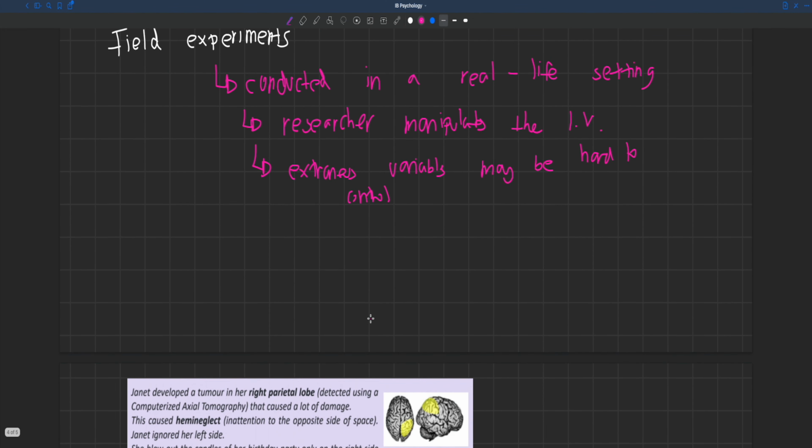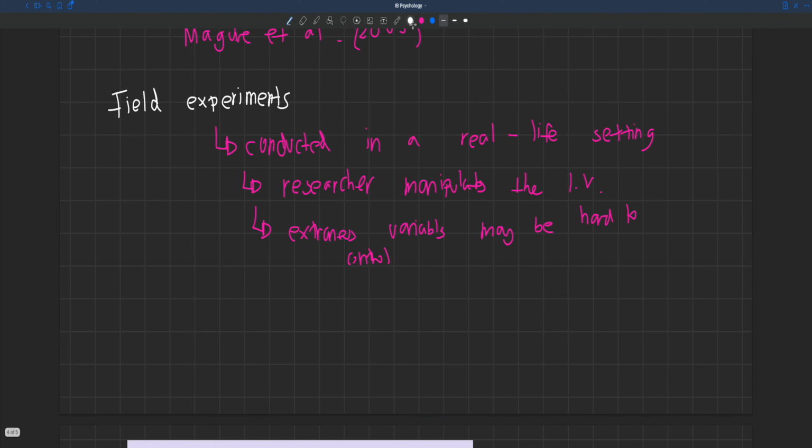Alright, now let's move on to our last type of experiment, which is natural experiments. Natural experiments are actually a type of quasi-experiment, but it is conducted in the participant's natural environment.